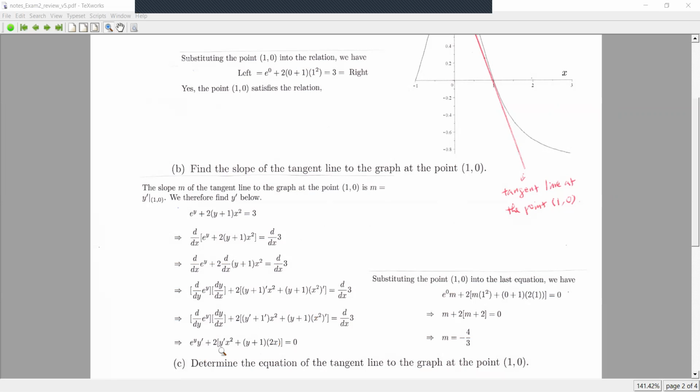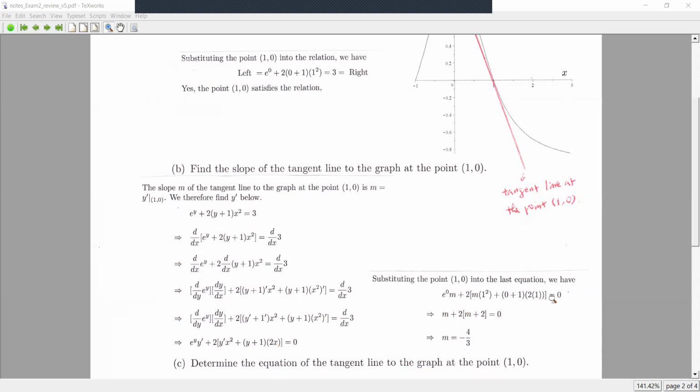Plug the point into x squared, we get 1 squared. Plug the point into y, y is 0, so we get 0. And plug the point into x, x is 1. So we have this equation.